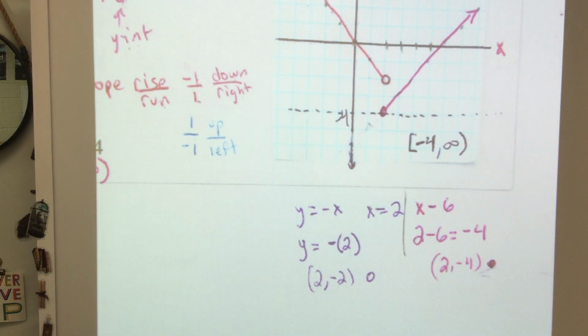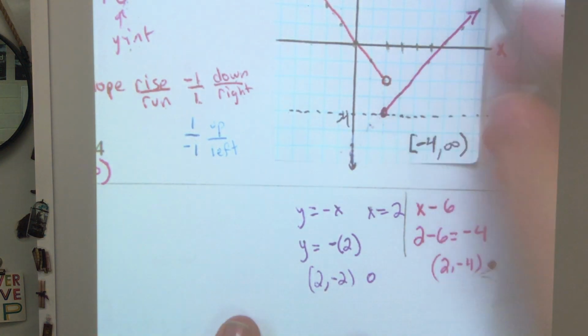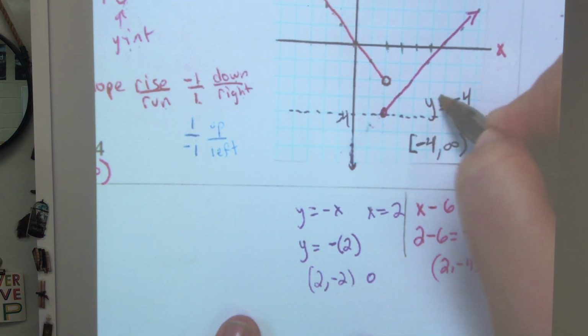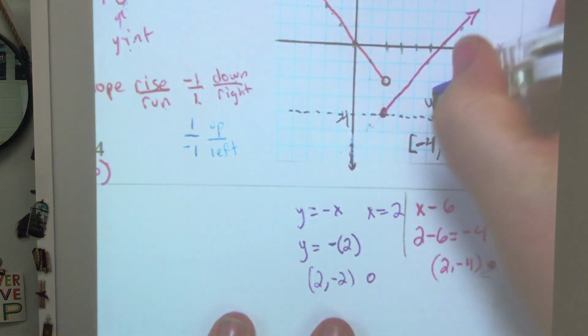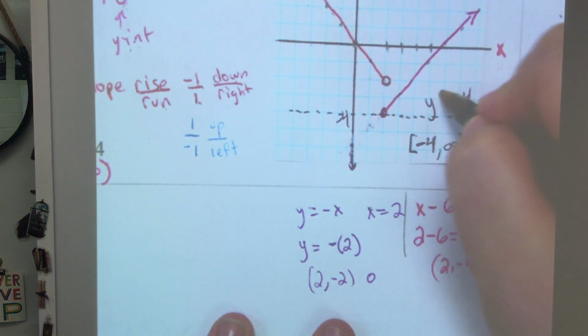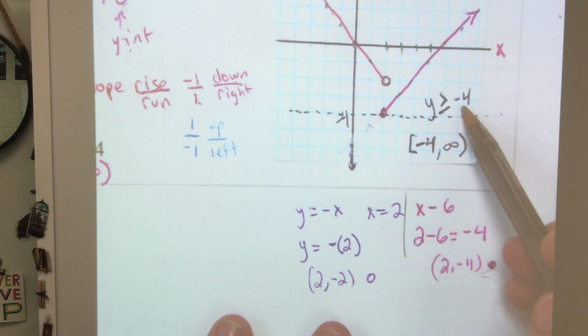So that is the function notation. It's also the same as, well, y is greater than or equal to -4. I can't seem to write that, but while I fix this, the Big Ideas book gives us y greater than or equal to -4.